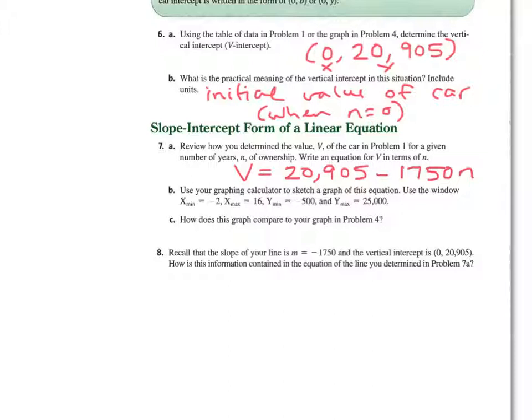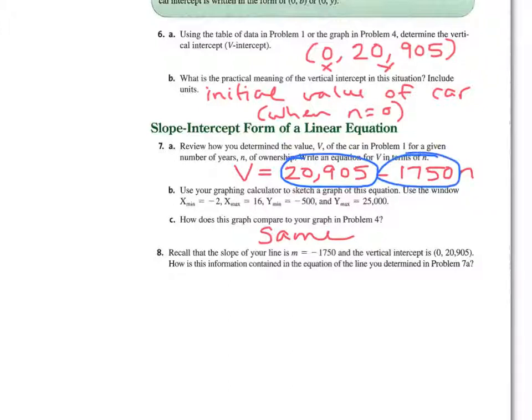Okay, if you graph this on the graphing calculator and use the windows that they tell you, you're going to have the same exact graph as you did by hand. One is just doing it by hand, one is doing it on the calculator. So in this equation, what we want to look at is what each of these numbers are. Right there and right there, we've got two numbers.